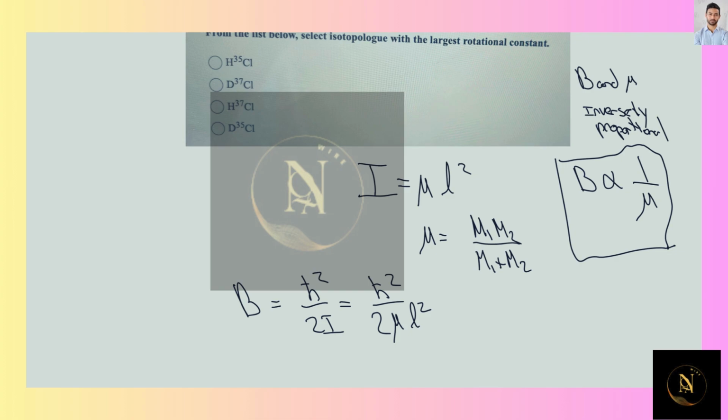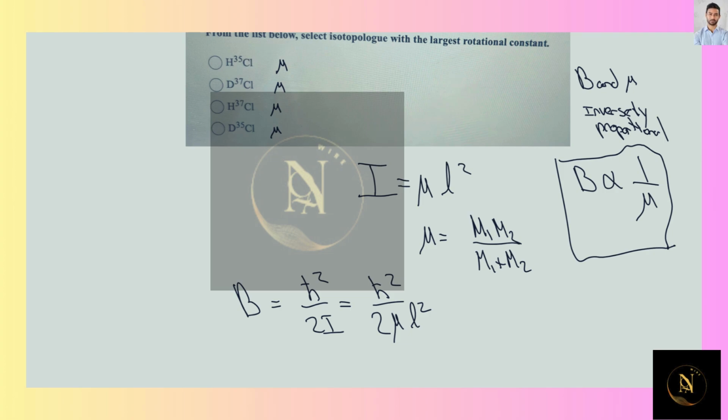I'm going to do it in atomic mass units, since we're only comparing, it doesn't really matter what the result is. So over here, we're going to have chlorine 35 with a single hydrogen and the other one with deuterium. Remember that deuterium is going to have an atomic mass equal to 2.